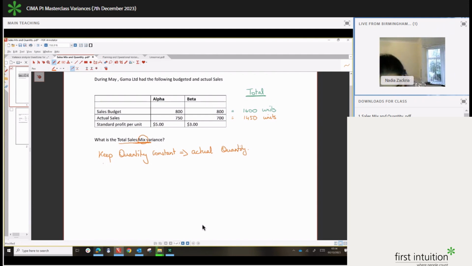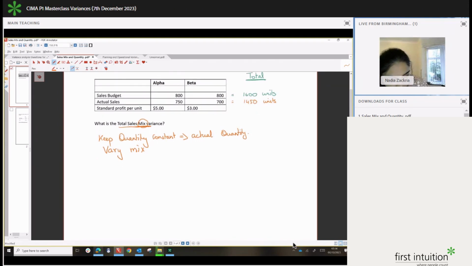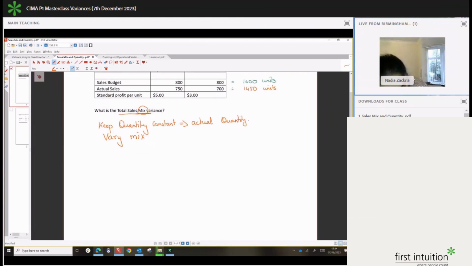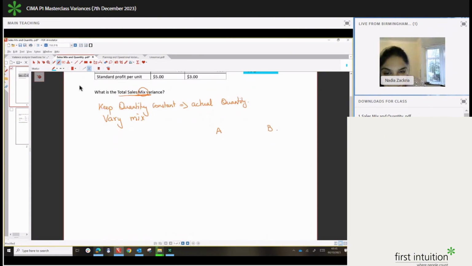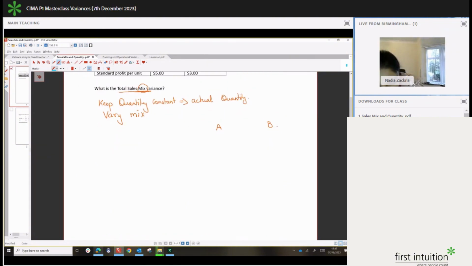What are we going to do? We're going to vary the mix. So imagine this as a bag, and each bag has some units of alpha, some units of beta. Right? So vary the mix, starting with our quantity. Our actual quantity was 1,450 units, and that is what I'm going to keep constant.